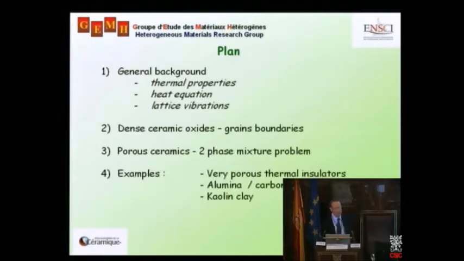And then we're going to look at porous materials, and in particular how we can look at this using the two-phase mixture problem. And then I'm going to finish up with 3 examples where I want to try and bring out what the aspects of features at the nanoscale might do on the thermal properties, in particular the thermal conductivity.